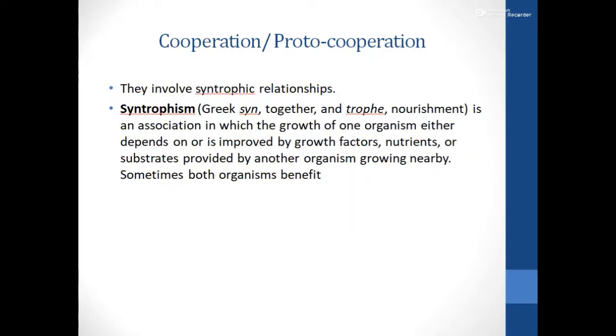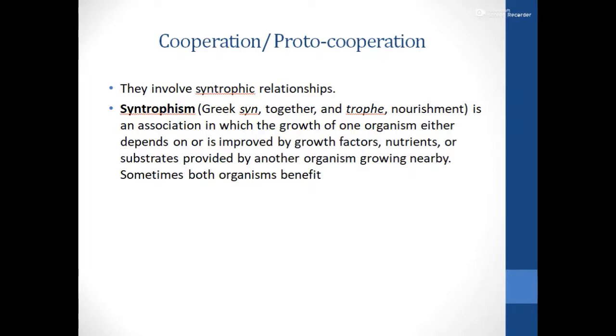Now, proto-cooperation as well as cooperation usually involve syntropic relationships. What is a syntropic relationship? If an association permits the growth of one organism, either by improving or promoting its growth by providing growth factors, nutrients, or substrates from an organism growing nearby, then we say that such an association is referred to as syntropism.